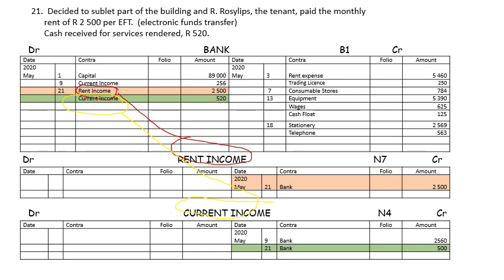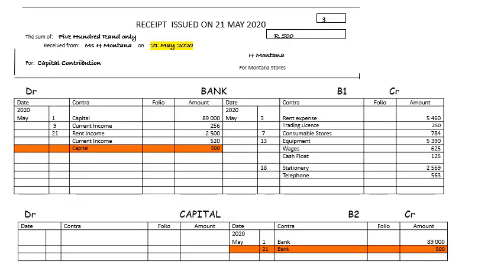Again, double entry principle, every debit needs a credit. On the 21st again, the owner is increasing her capital, receiving money, capital, and capital is the other account concerned.